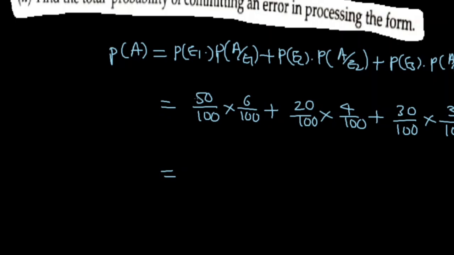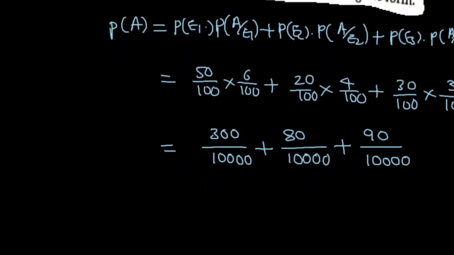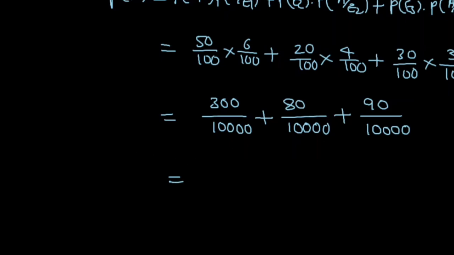So from here 5 6s are 30, and then 2 4s are 8, 80, and 3 3s are 9, 90, over 10,000 as the LCM.